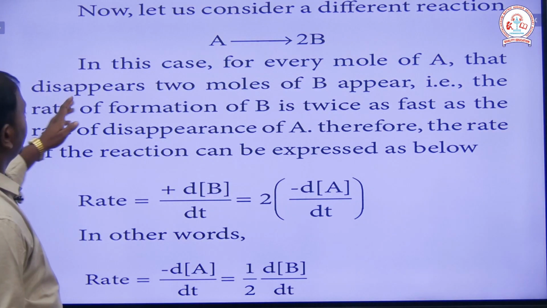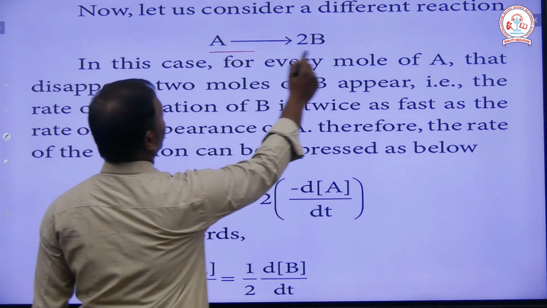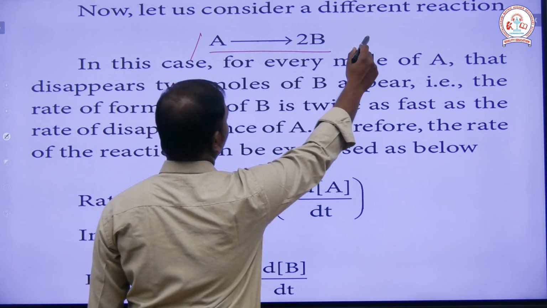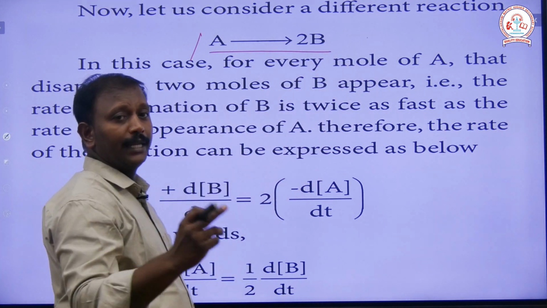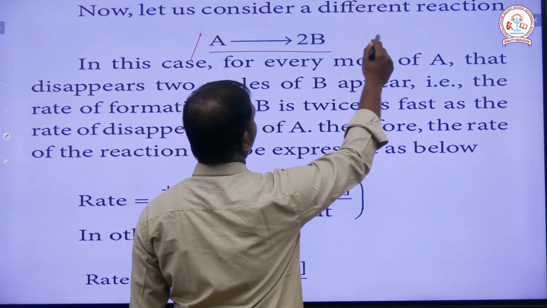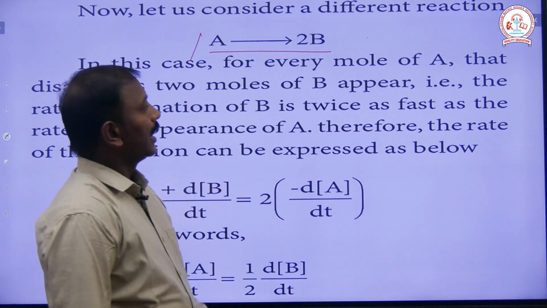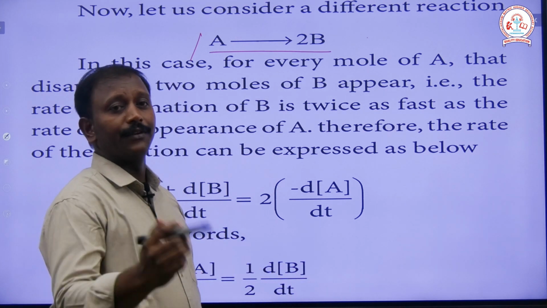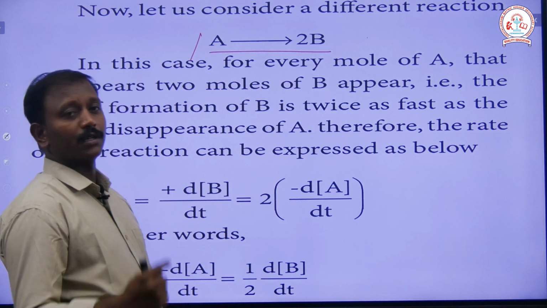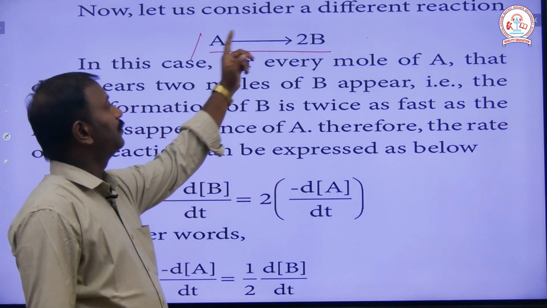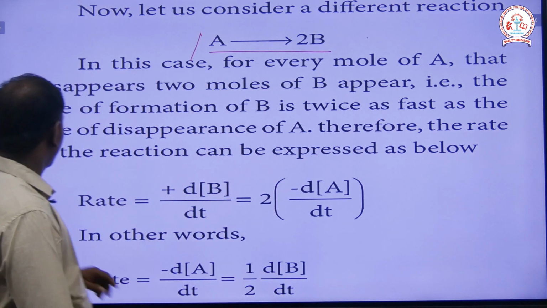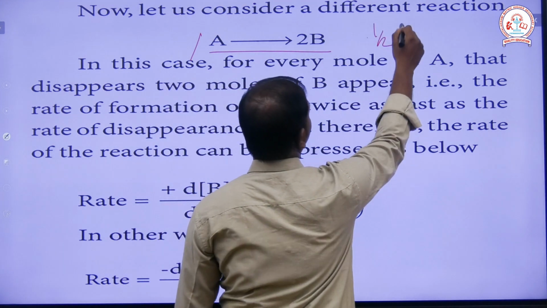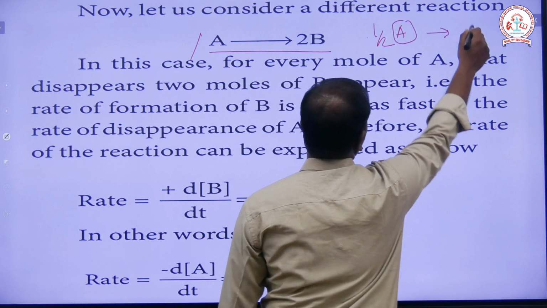But in this kind of reaction it is not equivalent. 1 mole of A gives 2 moles of B. So 1 mole of B comes from half a mole of A, or 2 moles of A give 1 mole of B.